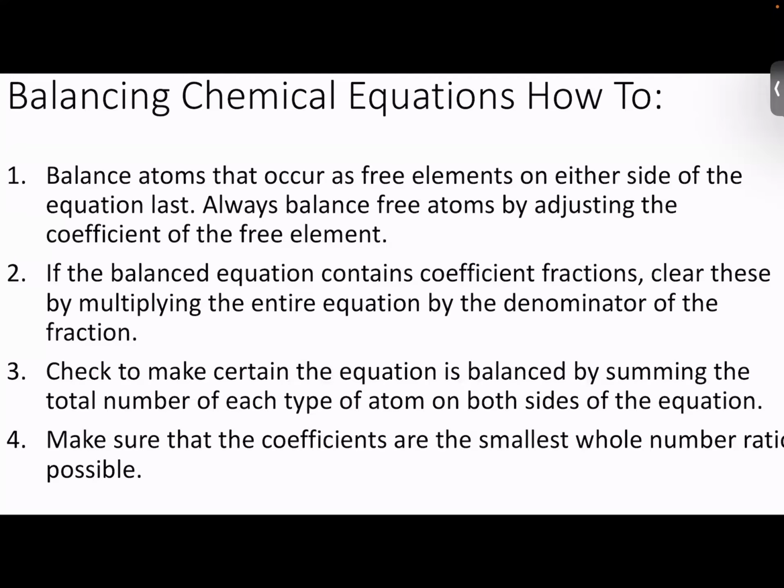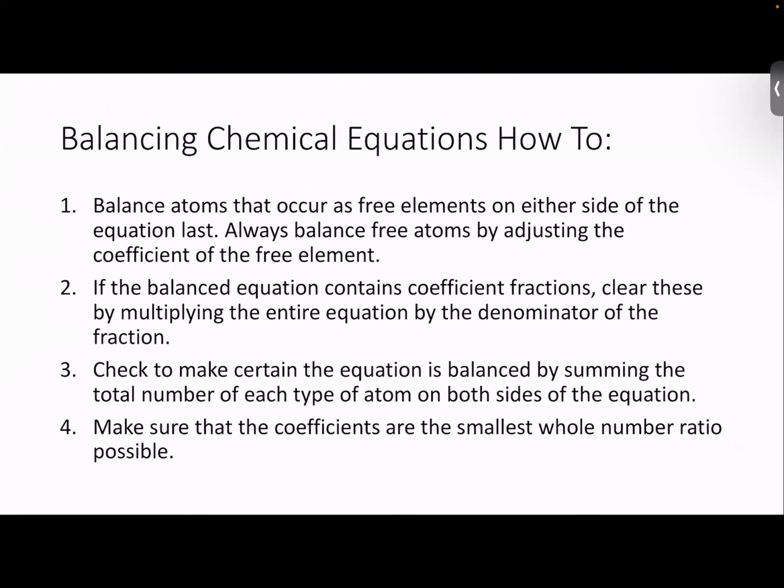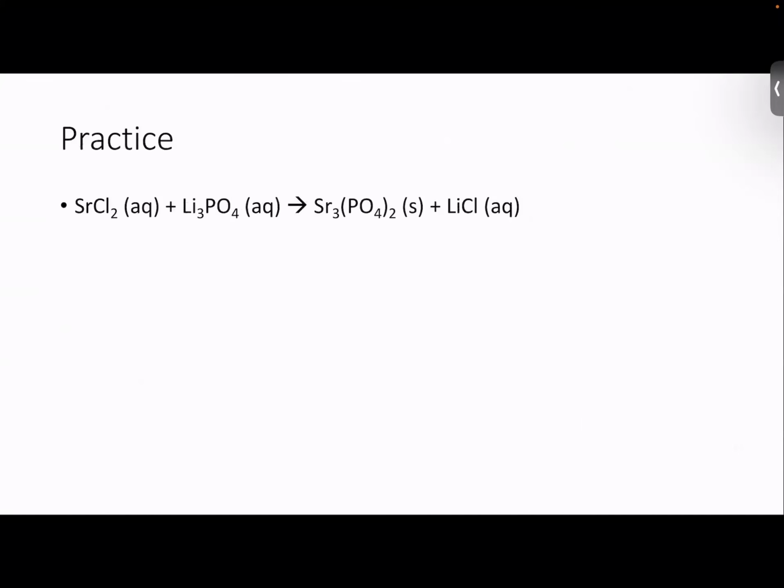Going back to the methane example, if I would have finished the problem and I had 2 methanes and 4 oxygens and 2 carbon dioxide and 4 waters, all of those coefficients can be divided by 2, so I would have simplified the problem. Because the balanced chemical equation should have been the smallest whole number ratio possible. So let's balance some equations.